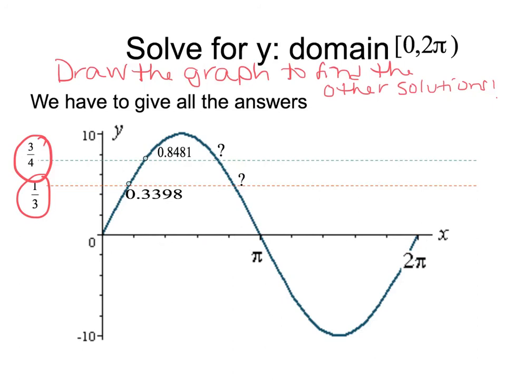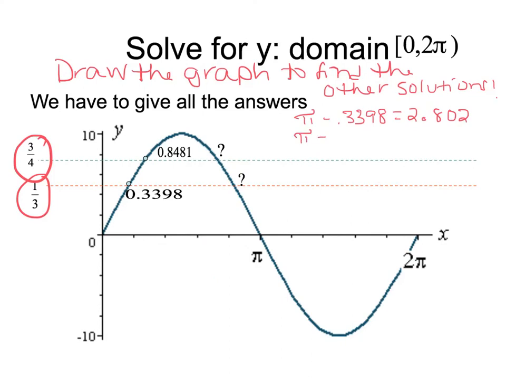So I'm going to start with the 1/3 value. I'm going to take pi minus 0.3398 and see what that gives us on the calculator. And that's about 2.802.